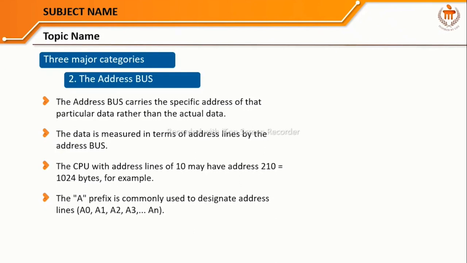What is an address line of 10? If you do 2 power 10, what will you get? 1024 bytes. How can we calculate? For any address lines, the memory calculation is on a power of 2. So when you do any address space mapping, you will get power of 2 calculations.